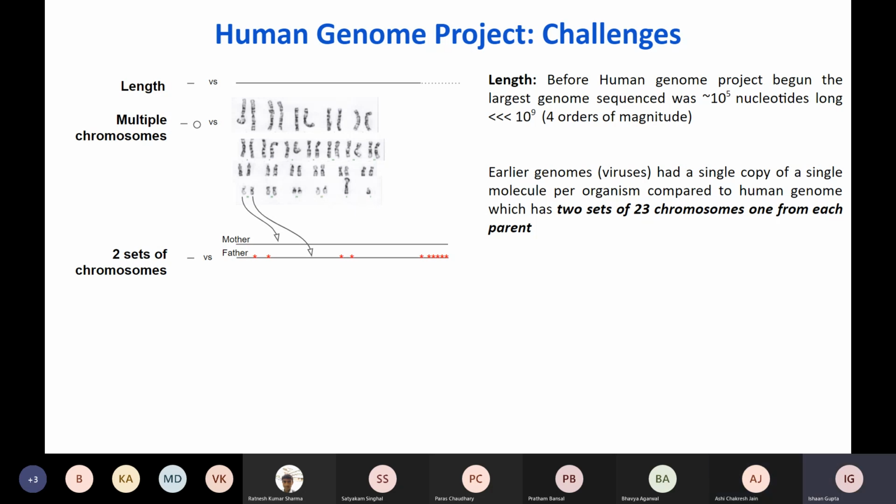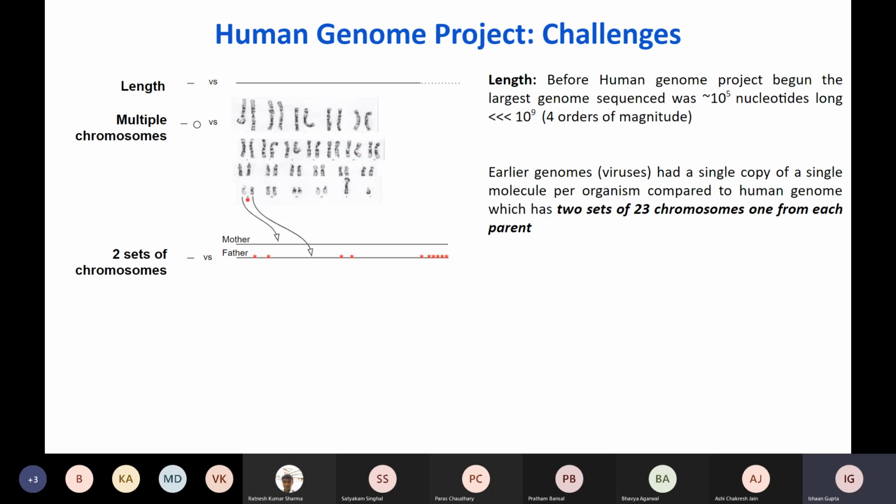The other challenge is that earlier you were sequencing organisms, bacteria or viruses, which typically had only a single chromosome. In the human genome, we know that there are 23 chromosomes, and each chromosome comes in pairs, one from your mother and one from your father. That basically means that although the two chromosomes look very similar, the individual contents of the DNA differ.